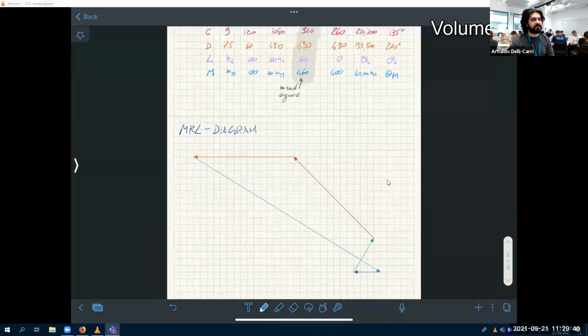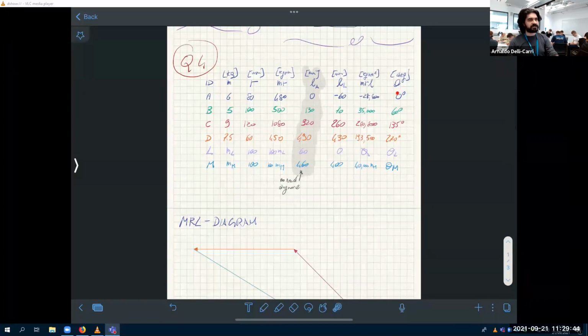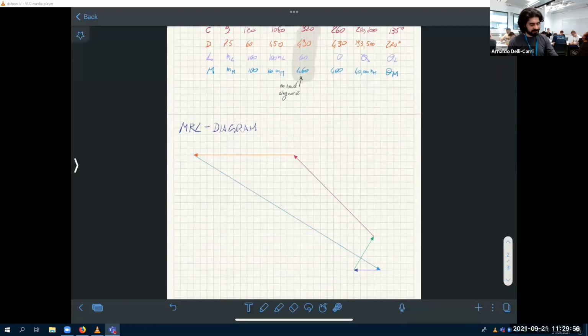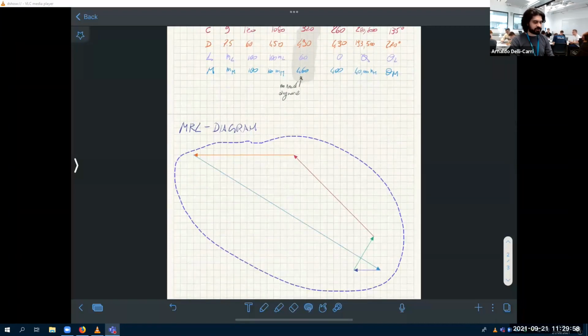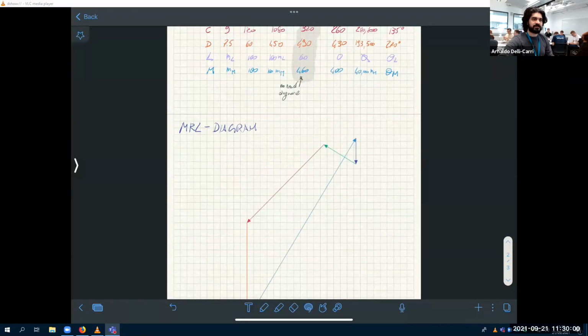No, because the reference for the angle is still A. It doesn't matter. If you want, you can do this, but it doesn't add anything. If you change the reference angle, what you're doing is just taking this diagram and rotating it around. So it doesn't change anything. All right.